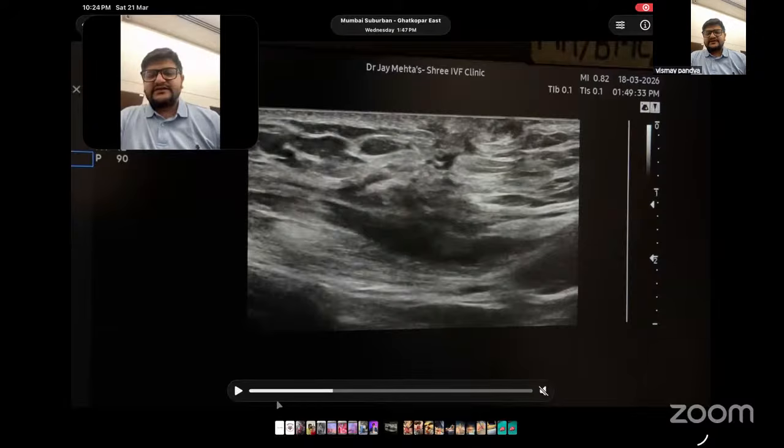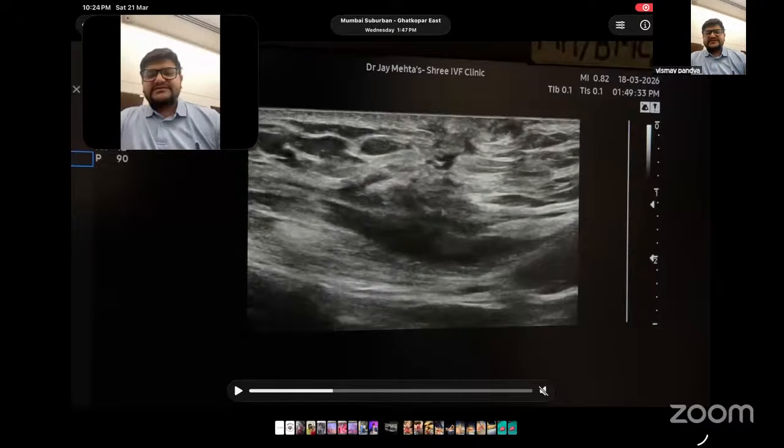So here now we are seeing the whole nodule in this video. How can you differentiate it from the normal tissue? You start from the tissue which is normal. You can see all the layers, and as and when you reach the nodule, you will see this hypoechoic area, which is black compared to the surrounding regions, and it is not very regular.